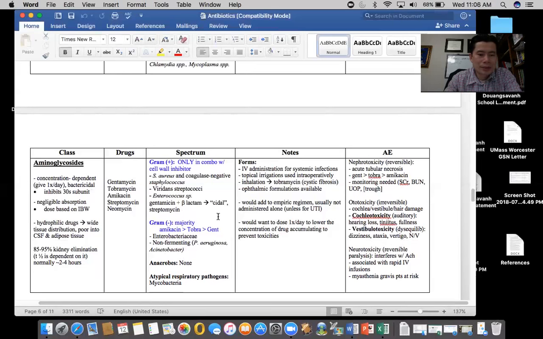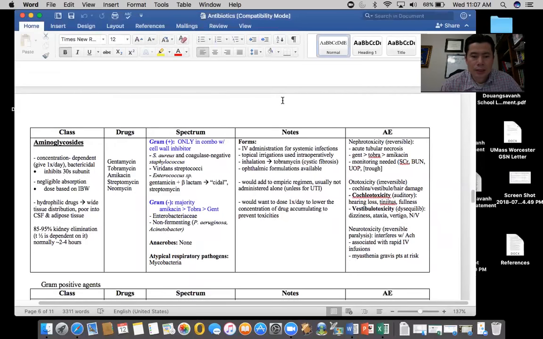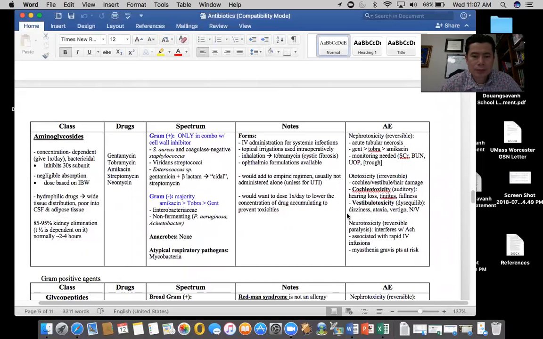And the biggie with gentamicin is that you can prolong the effect of non-depolarizing muscle relaxants, or any kind of muscle relaxants. Actually, let me correct that, because the reversal we use is based on anticholinesterase. Because of that, it can cause some neurotoxicity, which interferes with acetylcholine.